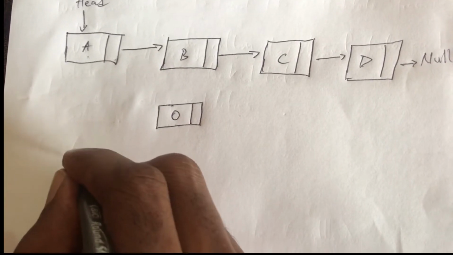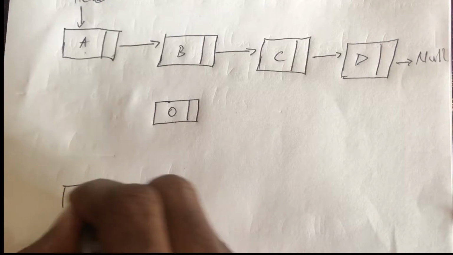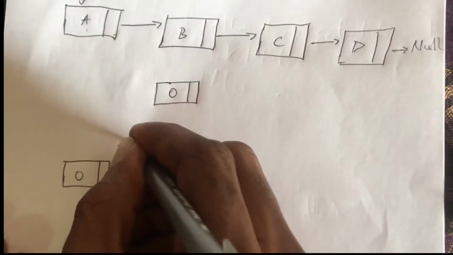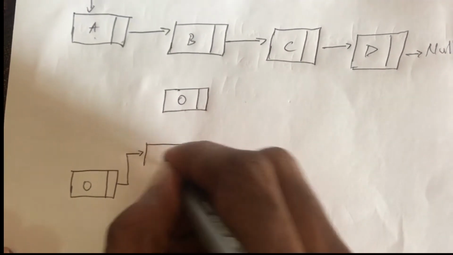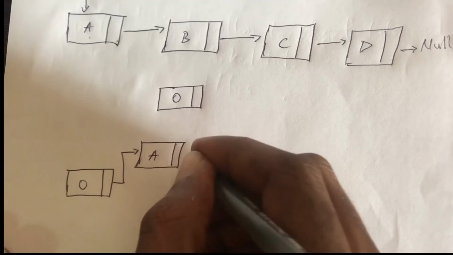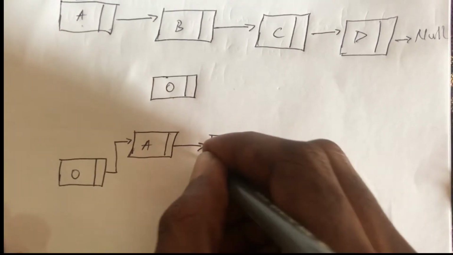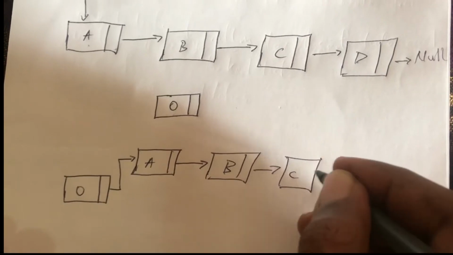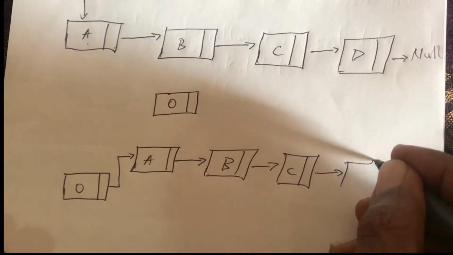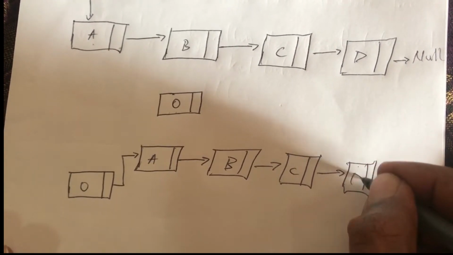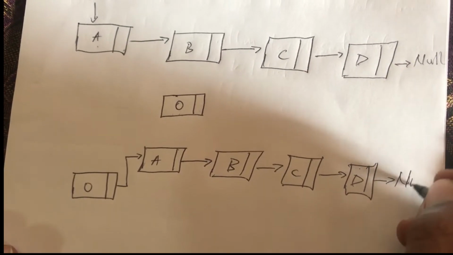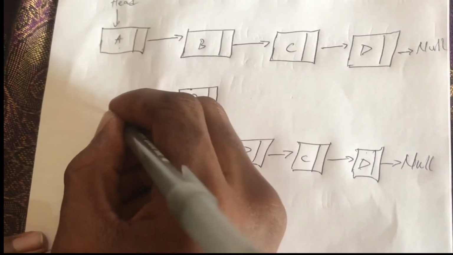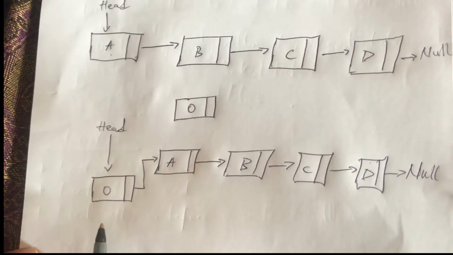So it's going to be done this way. Then O becomes your new head.